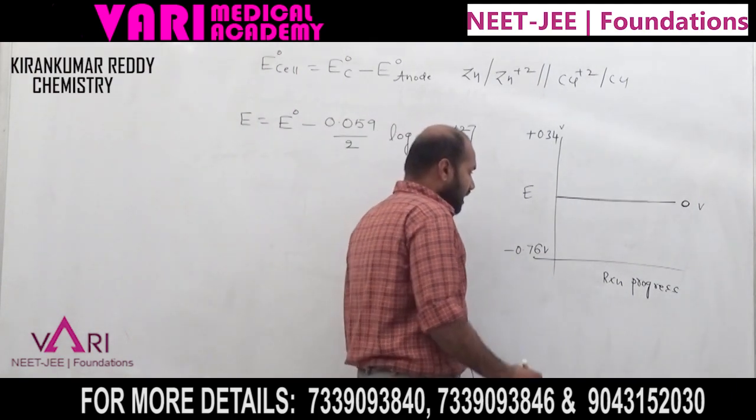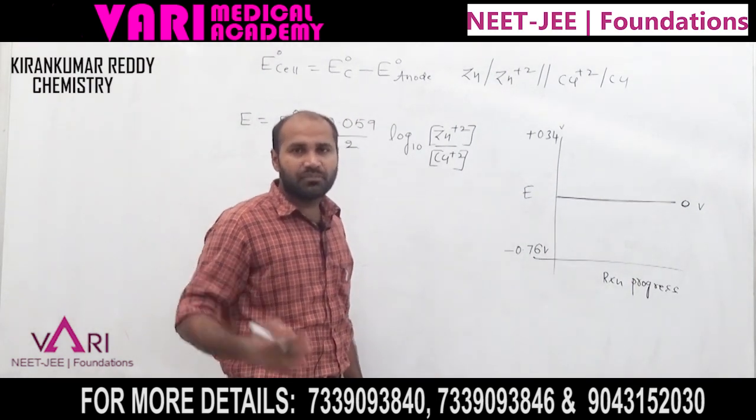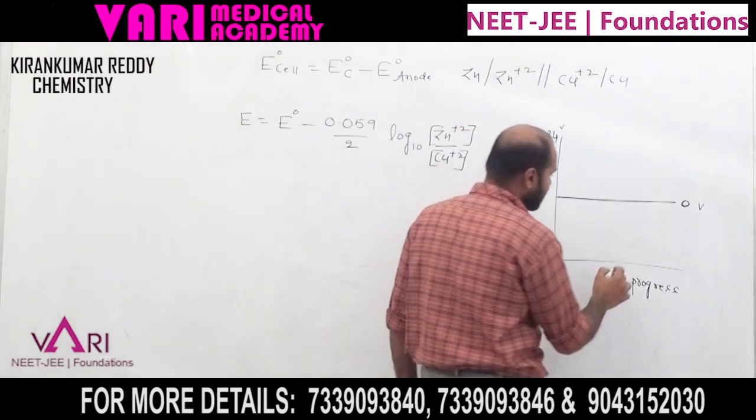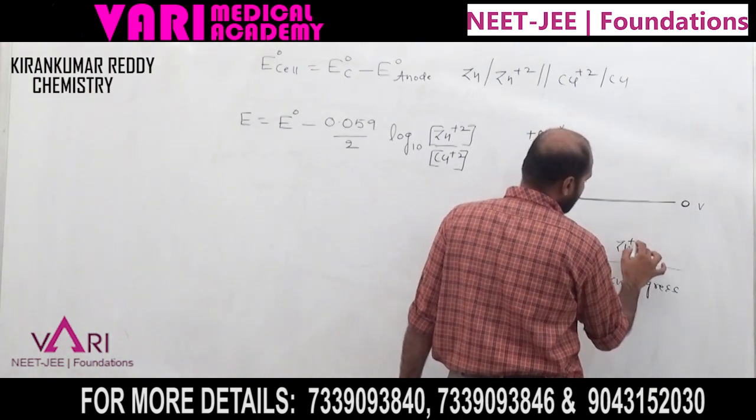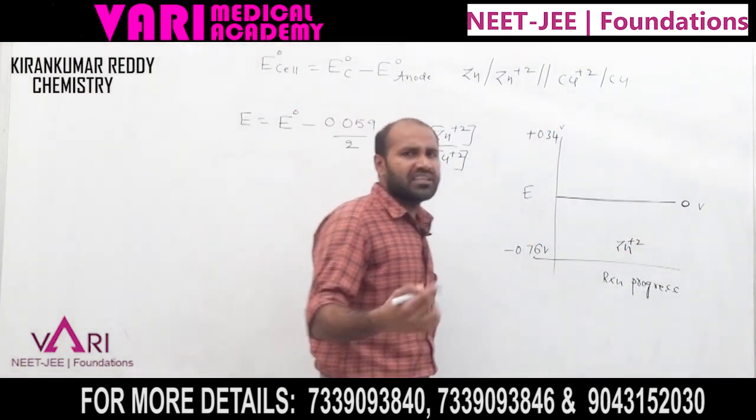Now in the galvanic cell, Zn is converted to Zn plus 2, so Zn plus 2 concentration is increasing. Yes or no? Zn plus 2 concentration increasing means potential also increases.